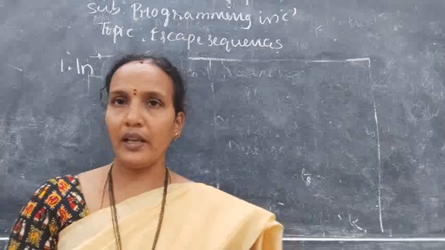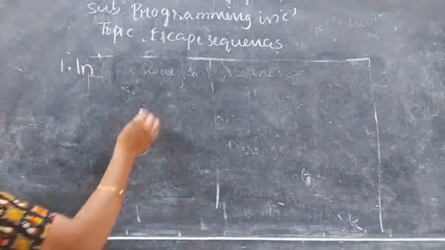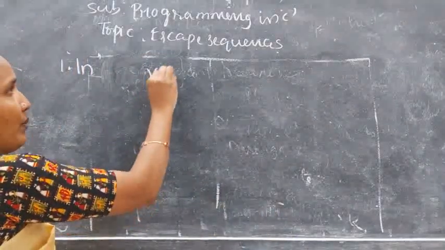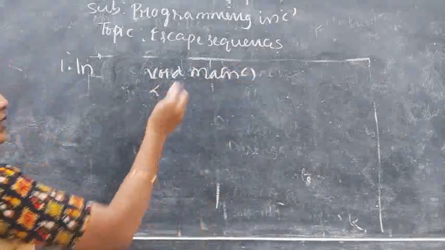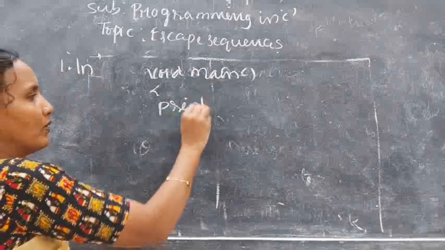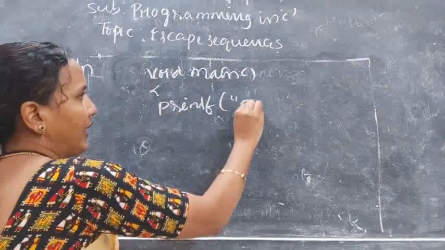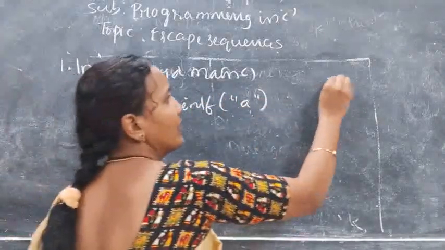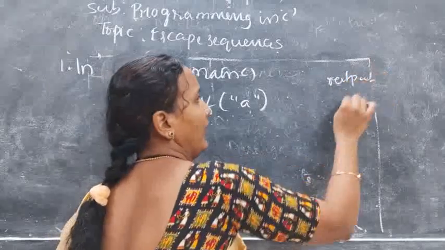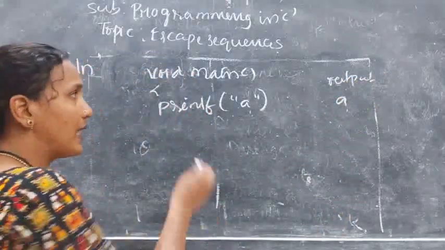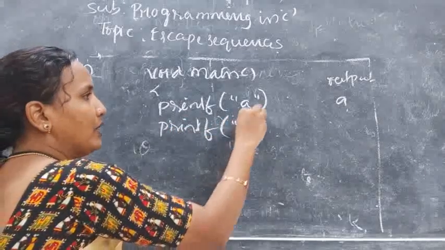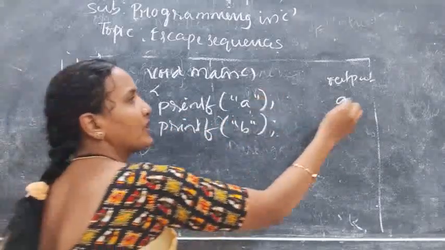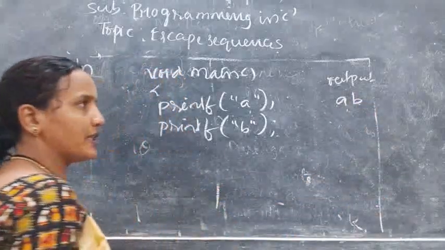Here I'll give you an example. In a C program, you have the main function, void main, then printf A. The output will be A. Next, I write printf B. Immediately after A, B is printed.